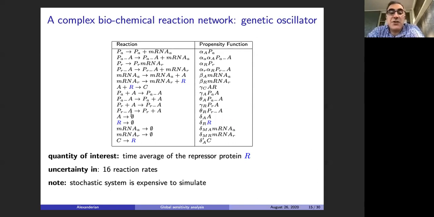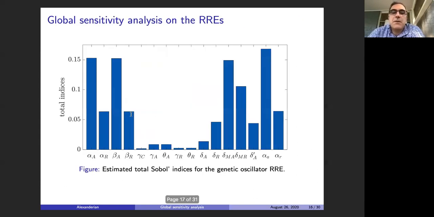One thing I would mention, this is actually quite expensive to simulate. The stochastic model is quite expensive to simulate. It takes a lot of time. So trying to do sensitivity analysis on the stochastic model directly could be quite expensive. So we performed global sensitivity analysis on the corresponding reaction rate equations.